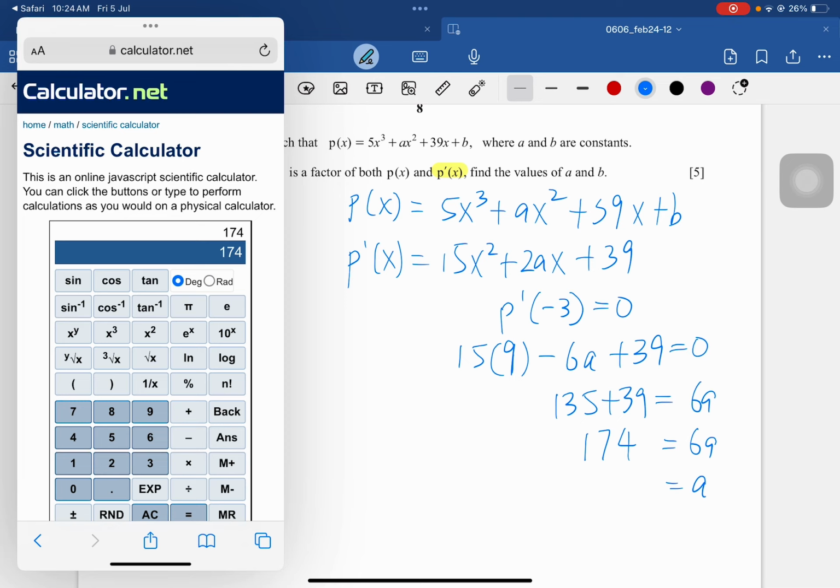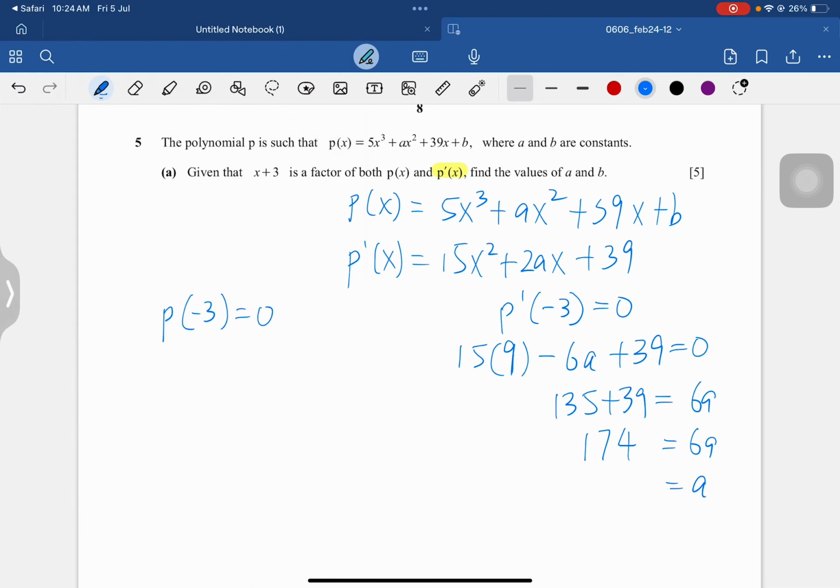174 divided by 6 should be 29. Now, since we have a already, we sub into p of minus 3 equals 0.